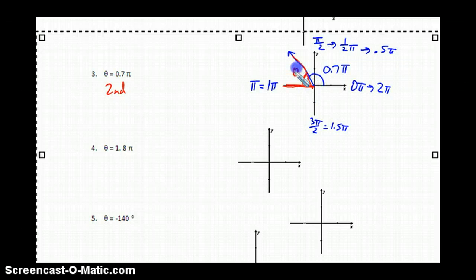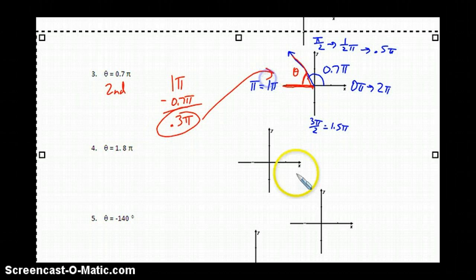This would be the reference angle that I'm trying to find. If I went all the way over here, I'd go to 1 pi. I didn't go quite to 1 pi, so if I do 1 pi minus 0.7 pi, I'd be left with 0.3 pi. And so that would be my reference angle, 0.3 pi.